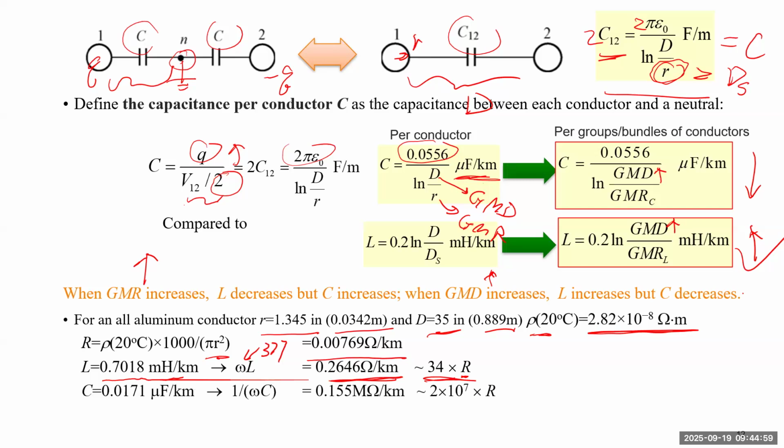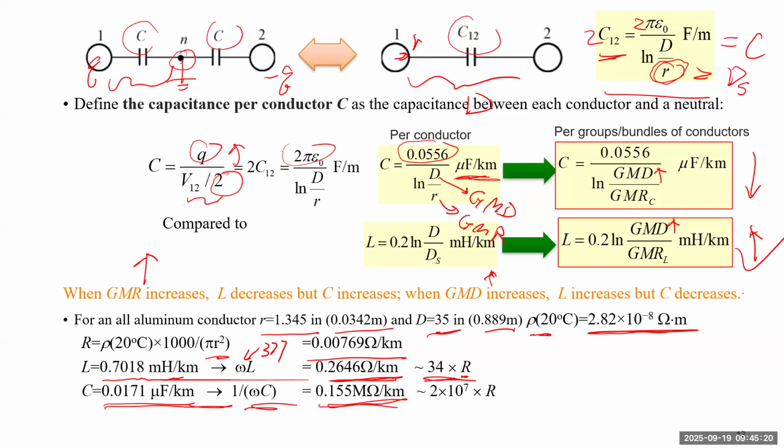And how about the C? For C, the result is 0.017 microfarad per kilometer. You can also translate that capacitance into a capacitive reactance.